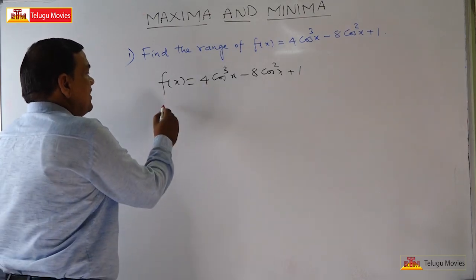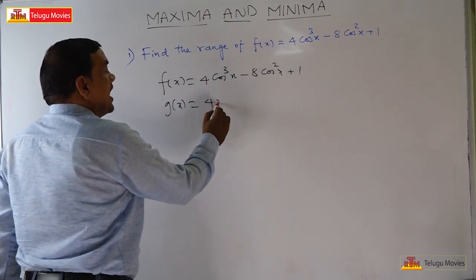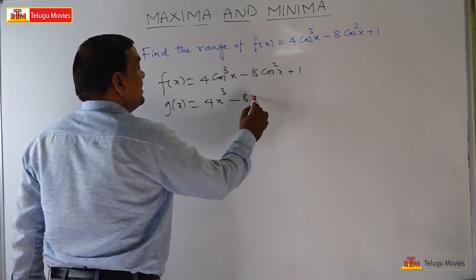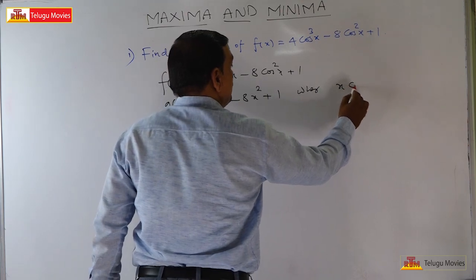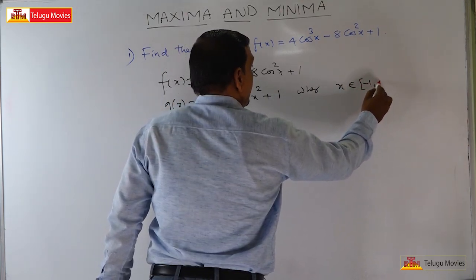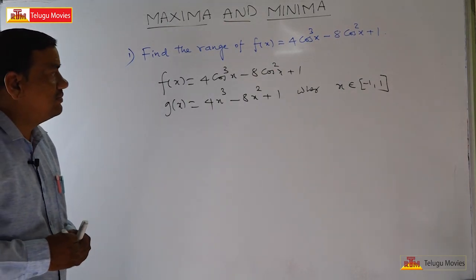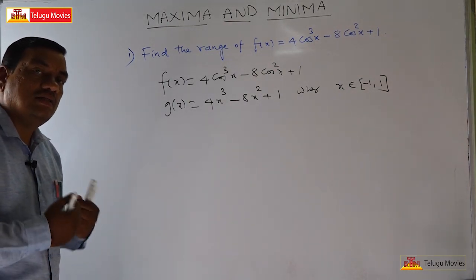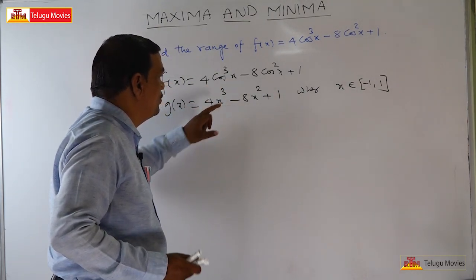Let us take another function g of x that is equal to 4x cube minus 8x square plus 1, where x belongs to the closed interval minus 1 comma 1. If you approach the problem like this, it will be very easy. Here I am taking cos x is equal to x.